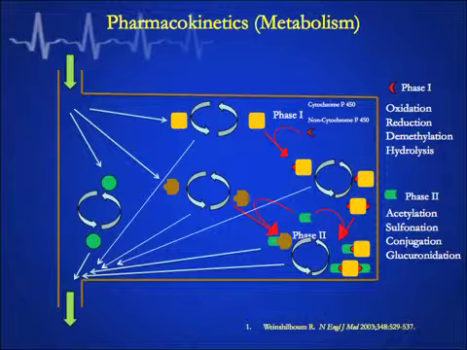There are some components of phase 1: oxidation, reduction, demethylation, hydrolysis, and these are some components of phase 2. We talked about metabolism. Cytochrome P450 is a set of enzymes.